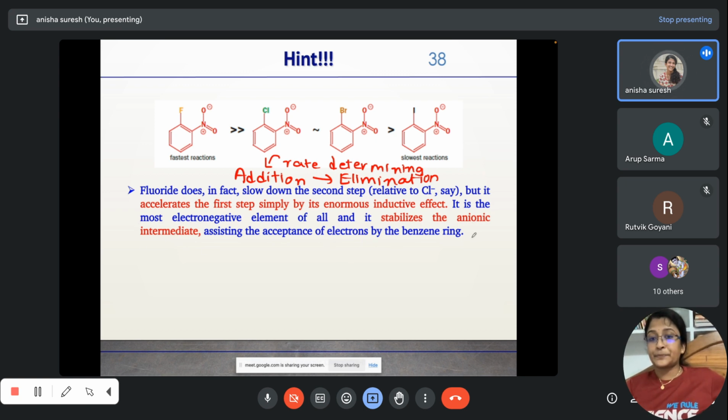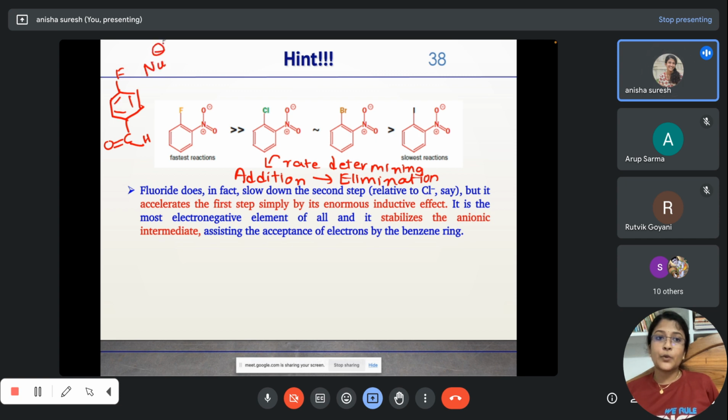So if we are considering addition elimination reaction, we can consider the example that we are having: C double bond O H. A nucleophile is coming, a nucleophile is adding.